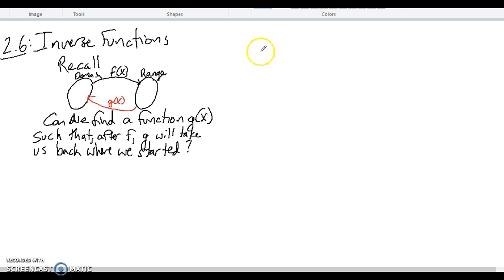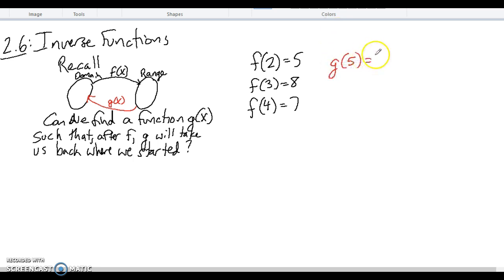In other words, if our function f takes, let's say, f of 2 is equal to 5, maybe we also know that f of 3 is equal to 8, and f of 4 is equal to 7, well, then the function g should be set up this way, where g of 5 is equal to 2.